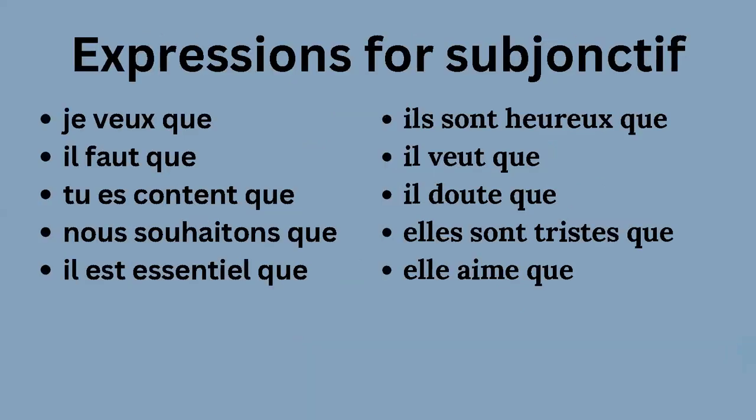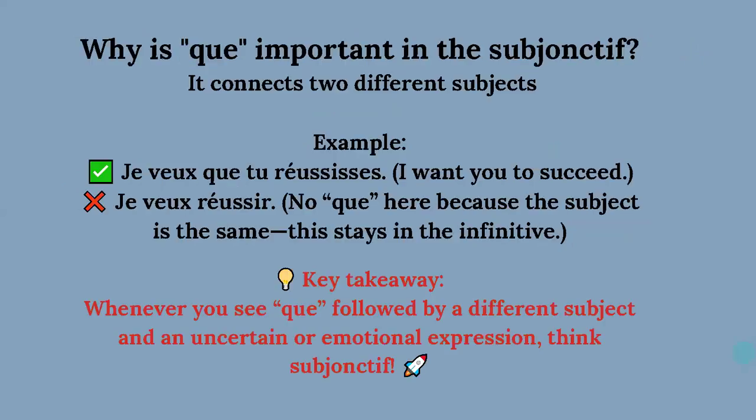These are certain expressions which take subjunctive. Now in all our earlier conjugations, we had never used que before our subject pronoun. But for subjunctive, we need to use que because we have two different subjects and the que connects the two different subjects.